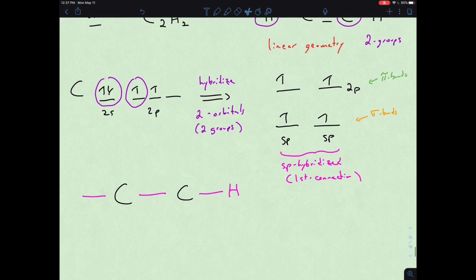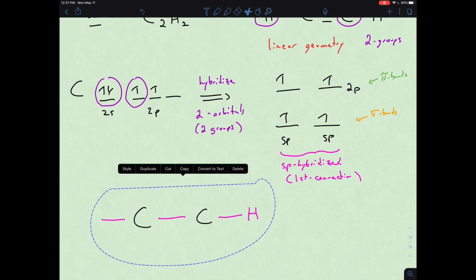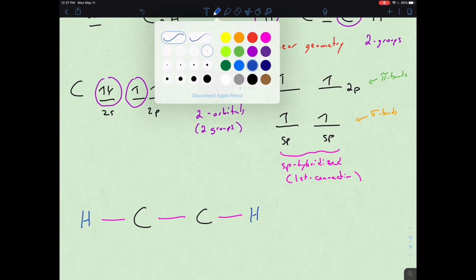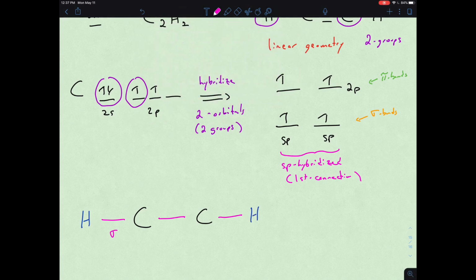So here we now have our acetylene, showing the sigma bonds that we get. Each carbon has 2 sigma bonds, and that's coming from those sp hybridized orbitals.